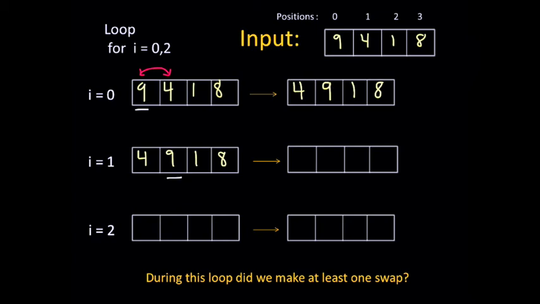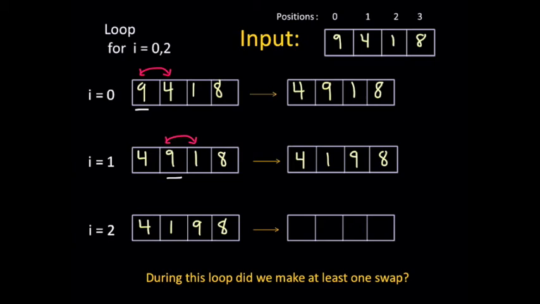And we ask ourselves, is the value at the current position greater than the one at the next? Here 9 is greater than 1, so we swap. Now the state of the list is 4, 1, 9, 8.